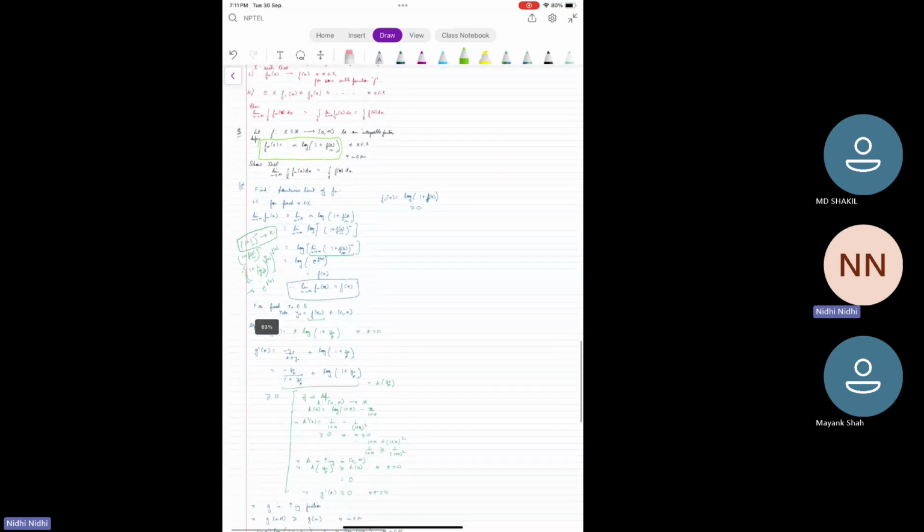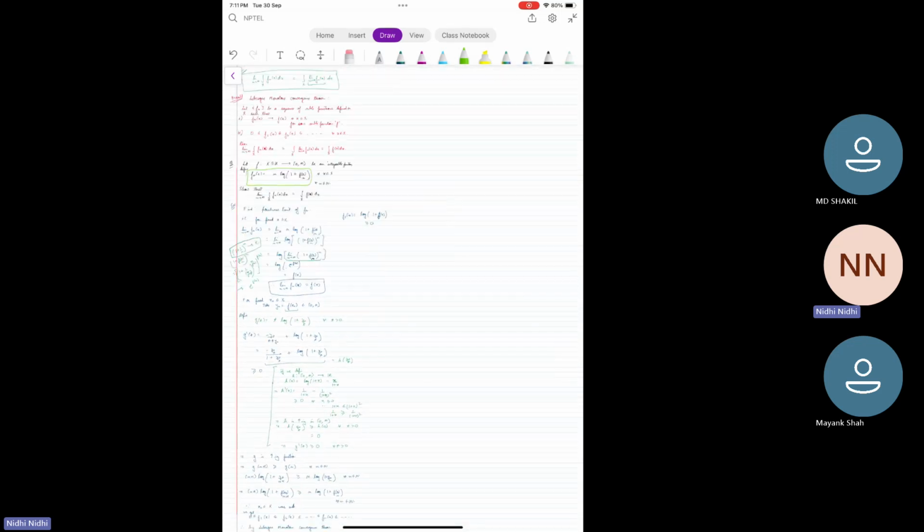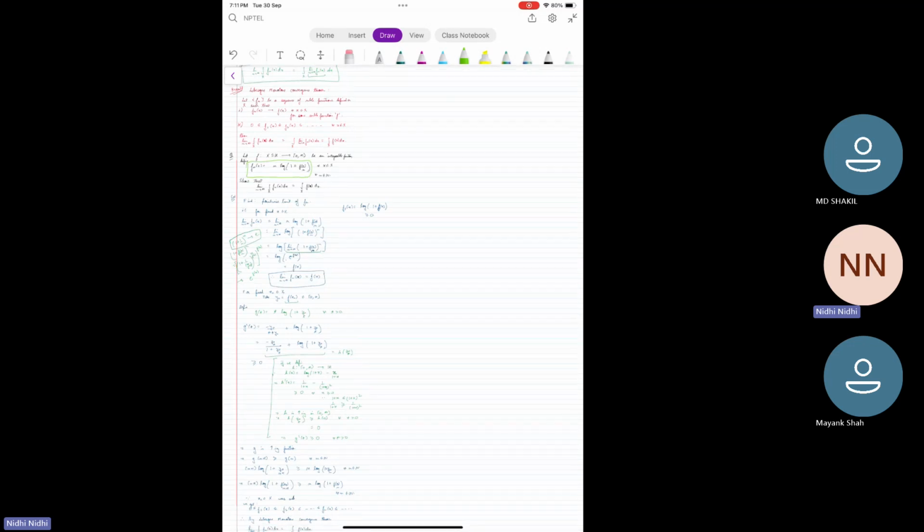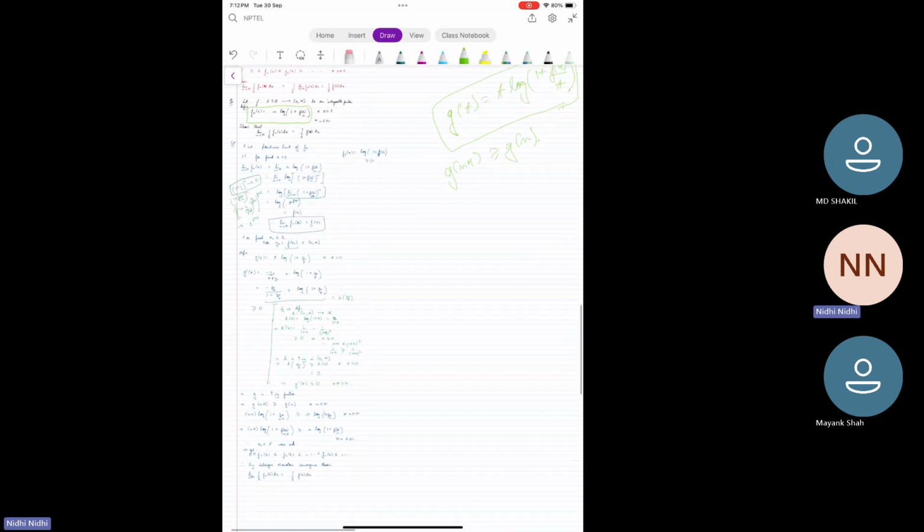And then we show that the sequence is monotonic. Basically, it is increasing. For that, taking n to be some other variable t, I proved that this function g(t), which is t times log of 1 plus fixed f(x) by t, is increasing, so eventually we'll get that g(n plus 1) will be greater than or equal to g(n). That's what we want for every fixed x. In order to prove that this is an increasing function, we have shown that its derivative will be positive everywhere.